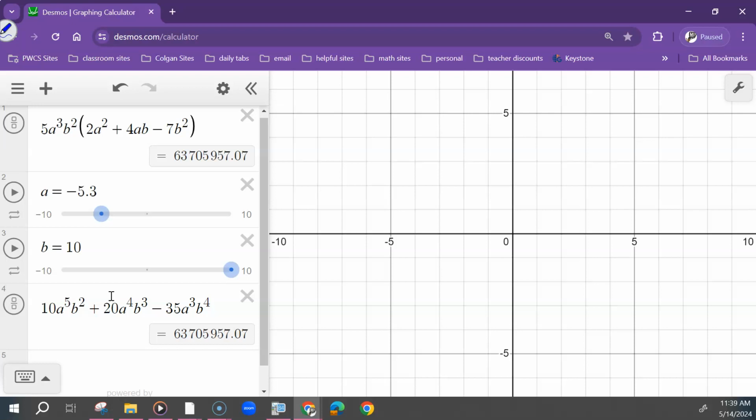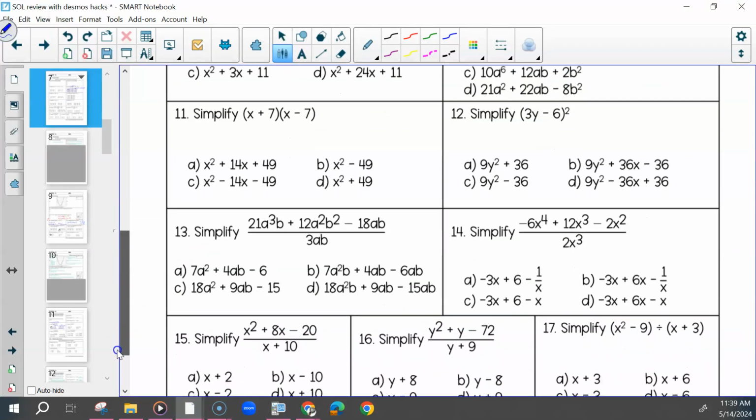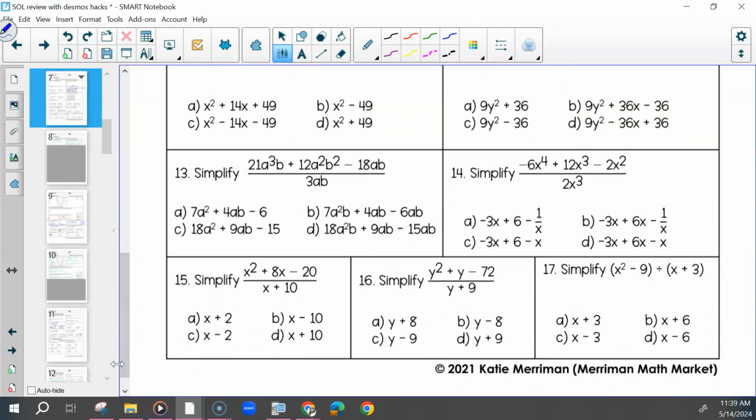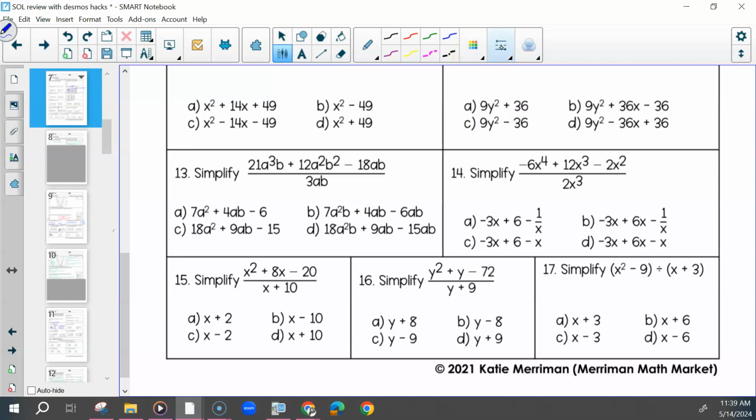Can we do 13? On the same page. You can use that same Desmos slider trick for this one. I'm going to do it, and you can either find the GCF of the numerator, factor that out, and then divide and see what's left, or just divide it separately. I'm going to do it that way.